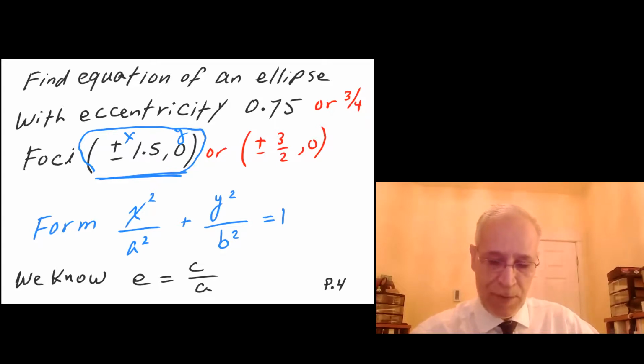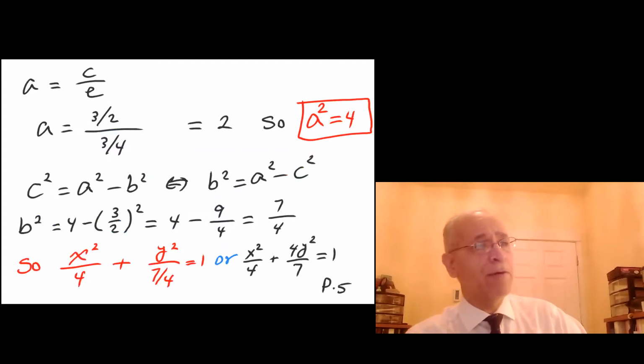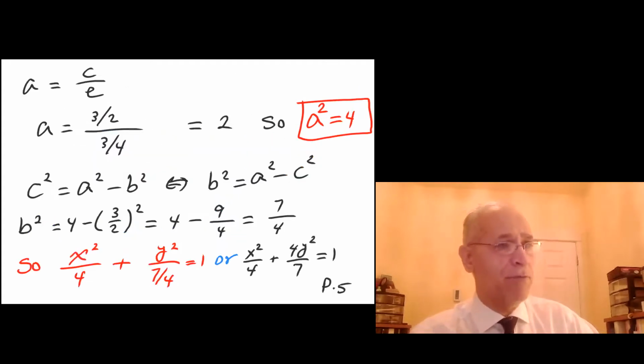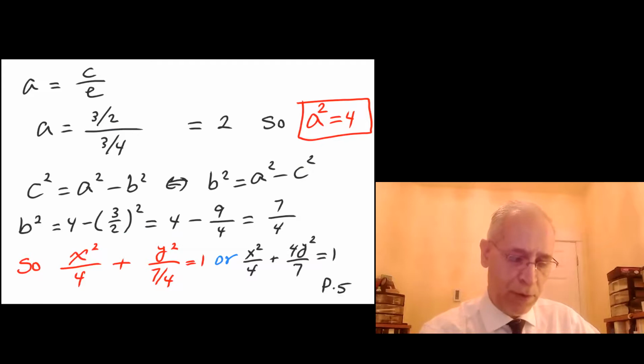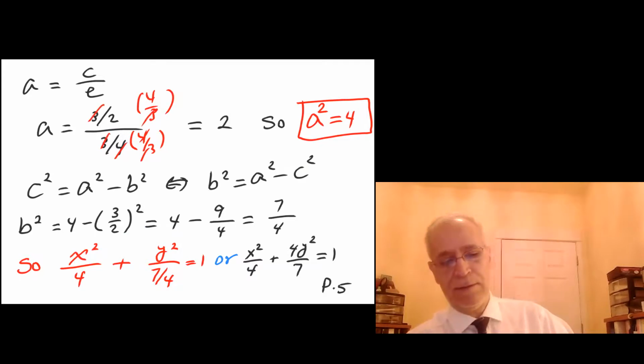Now, the value of c was given as 3/2, and the value of e was given as 3/4. If I multiply the top and bottom by 4/3, things cancel, and 4 divided by 2 is 2.